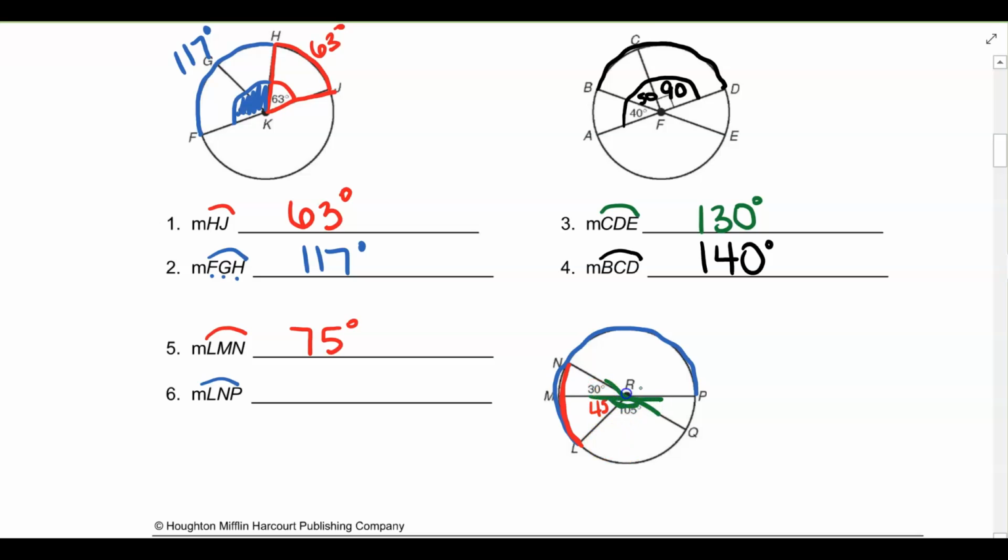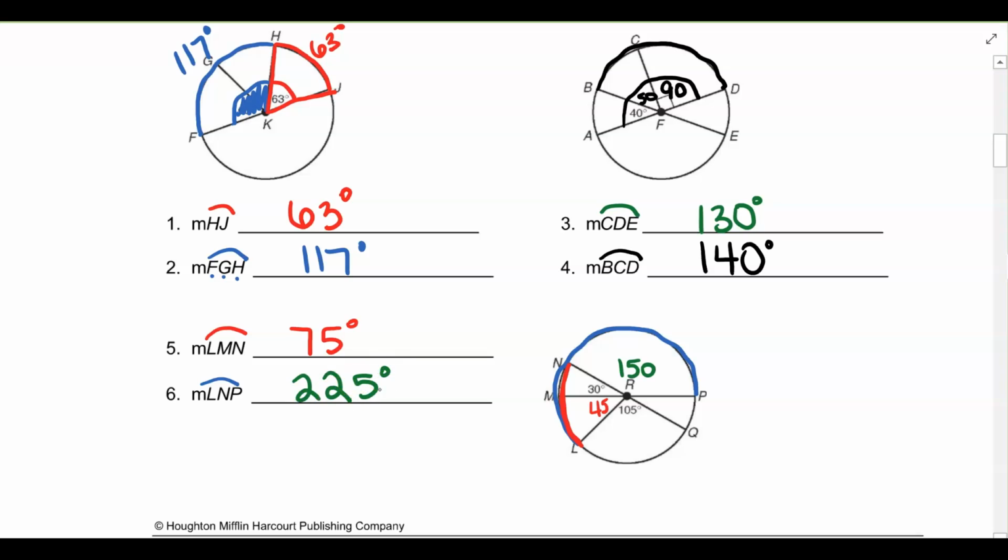The combination of these two should equal that whole unknown angle, which makes that 150 degrees. We can also go down the road of, okay, if I go down that road, I know that this entire arc is 150 plus the 30 plus the 45 to get us 225 degrees.